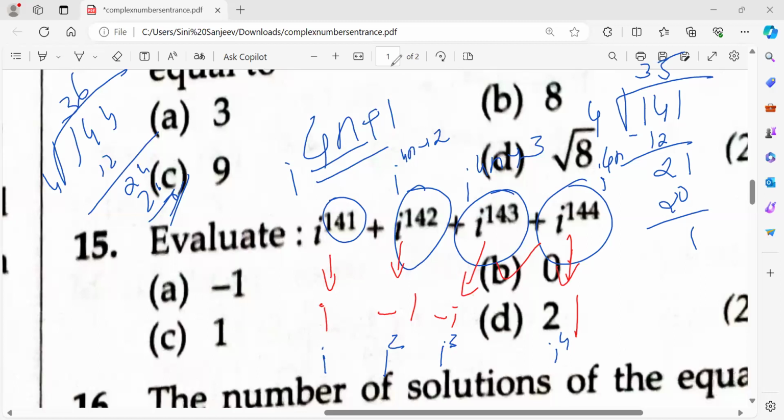Is this thing clear for everyone? So this is the shortcut. Perfect. i square, i cube, i power 4. You have to write down all of these things. If everyone has copied this, I can go to the next question. Shall I? Done.